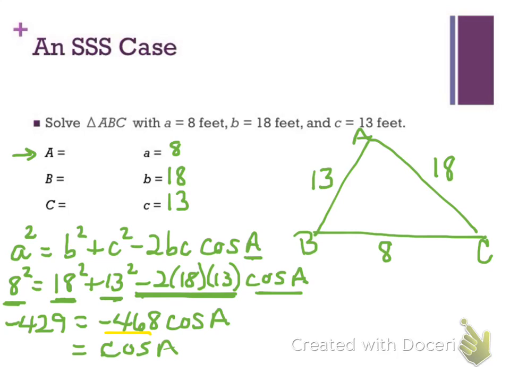And that gives us about 0.917. So the cosine of angle A is supposed to give us 0.917, which means if I take the inverse cosine of that 0.917, I will end up with angle A, which is about 23.6 degrees. Okay, so we can now put that in, 23.6 degrees.